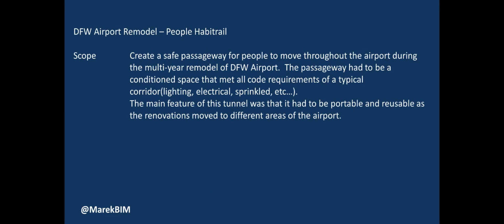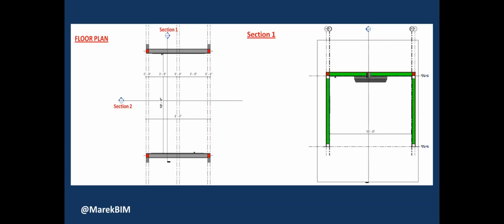DFW Airport, my favorite project. We're currently remodeling all areas of DFW Airport, and the problem was, how do we keep the people safe as they move from terminal to terminal through this construction? So we proposed that we would make basically a people habit trail.